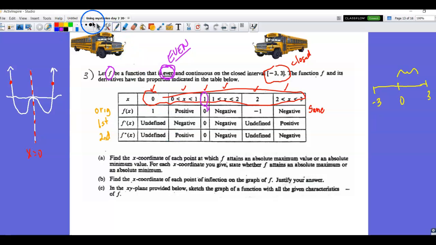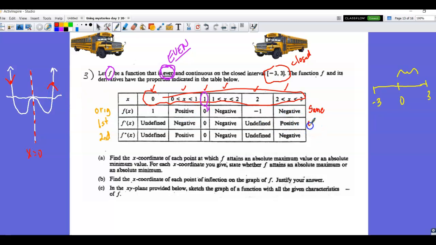Okay, now let's think about first derivative. On this side of the graph, the graph of the original function is decreasing, so the first derivative would be negative. But over here, the graph of the original is increasing, so the first derivative would be positive.